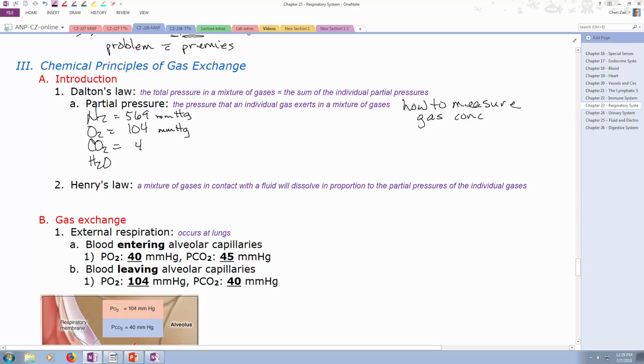Carbon dioxide is 40 millimeters of mercury. It's getting higher. And water is 47 millimeters of mercury. When you add those all up, you get 760 millimeters of mercury, which is 1 atmosphere, which is the pressure that we are experiencing on us by the gases surrounding us.